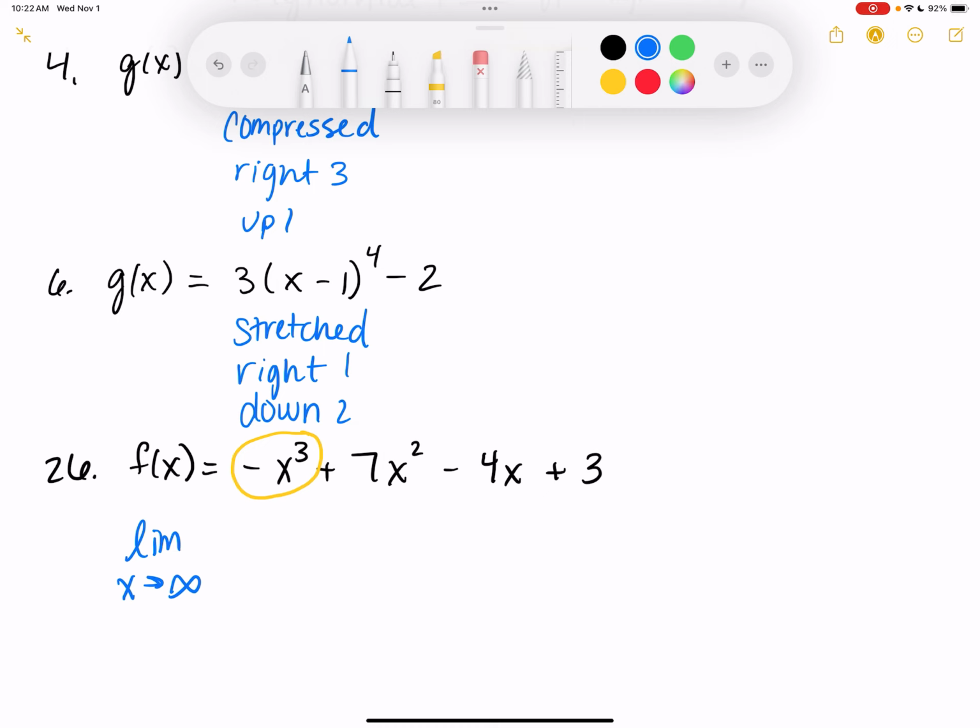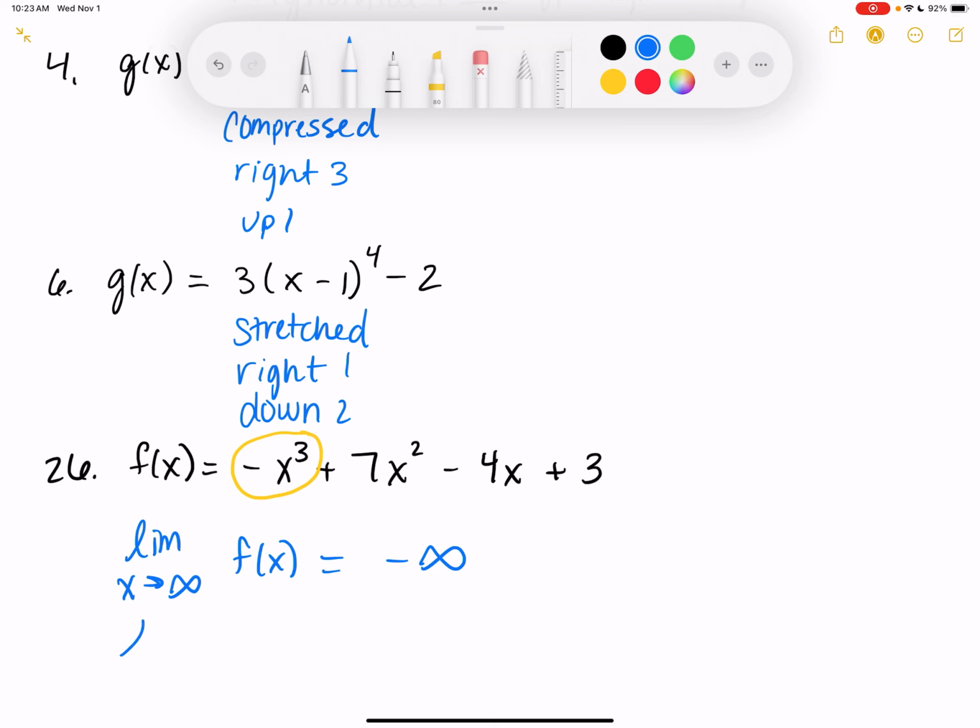I just need to know what direction it is going if I put that in. So only pay attention to what's circled in yellow, because it's going in the negative direction. So the limit of f of x would be going toward negative infinity because of this negative sign out front.